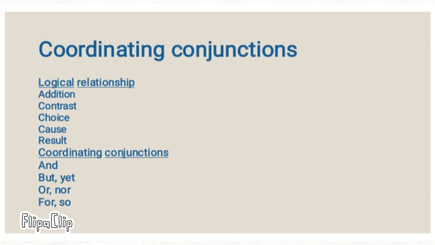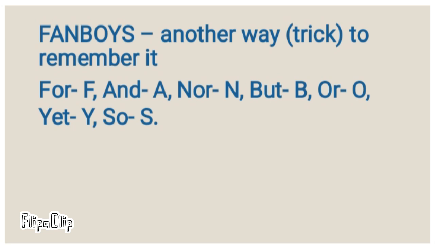Now, let's look at some coordinating conjunction examples. In order to make a logical relationship, we will use addition, contrast, choice, cause, and result. The coordinating conjunctions are and, but, yet, or, nor, for, so. Now let's look at a trick to remember it.